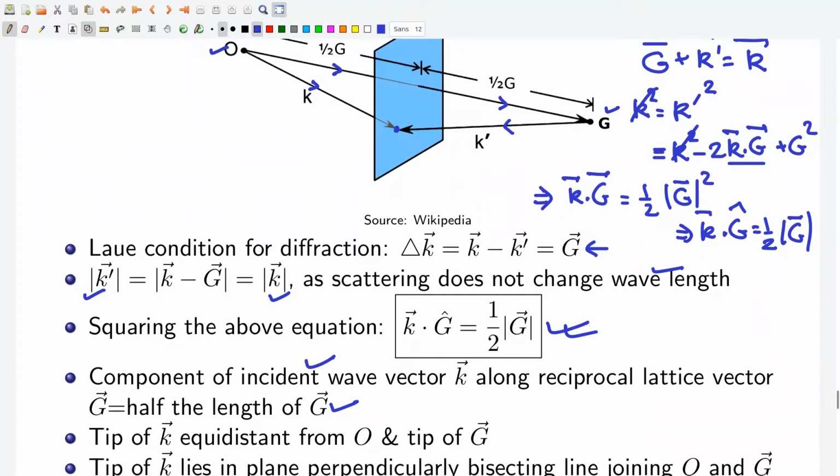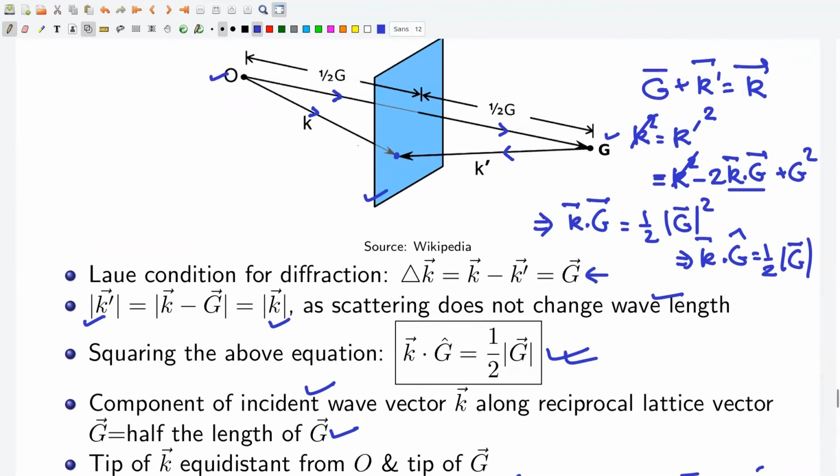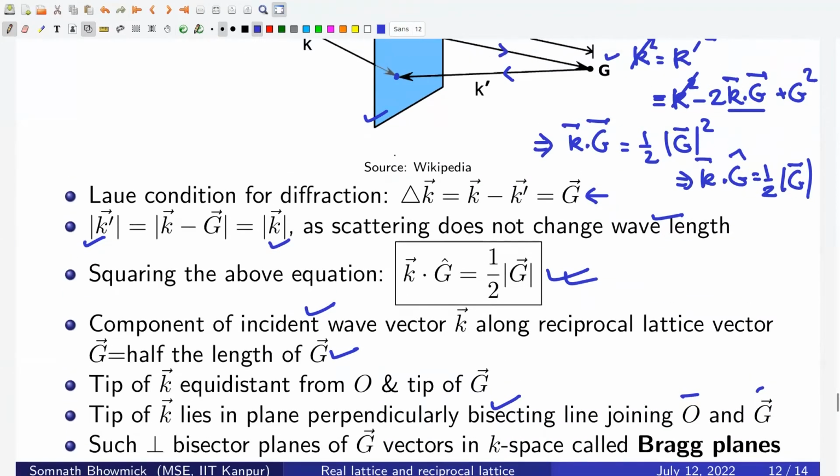The tip of k is equidistant from both O and G. So if we draw a plane, you see this blue plane, perpendicularly bisecting the line joining O and G, then the tip of this vector k will lie on that plane. This plane has a special name: such perpendicular bisector planes of G vectors in k space are known as the Bragg planes.